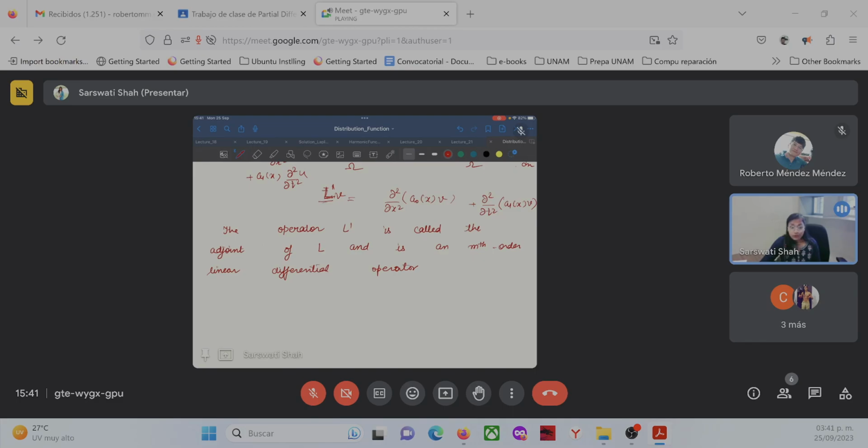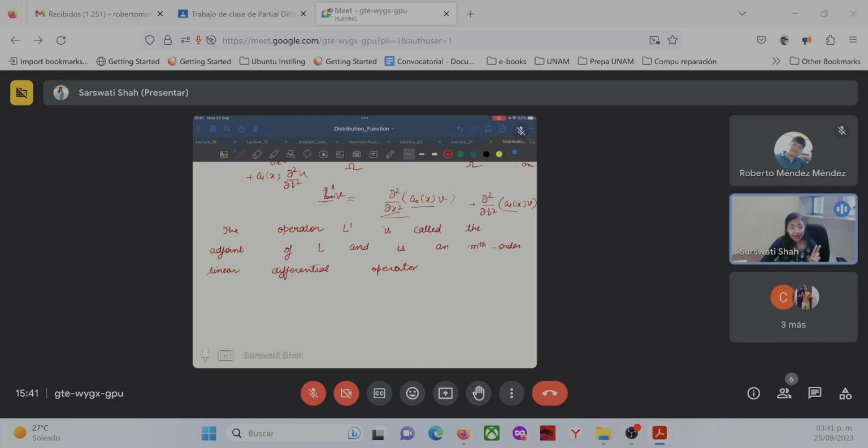And to define this operator, a necessity is that if we have an mth order linear partial differential equation, then the coefficients a0 and a1 should be mth order continuously differentiable functions. Then we can apply this derivative on them.